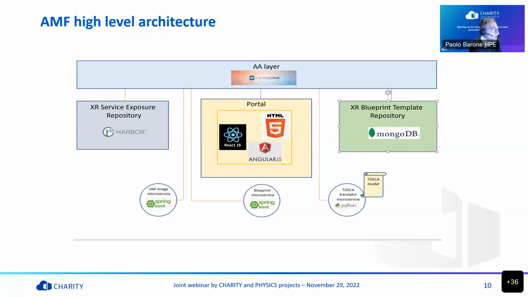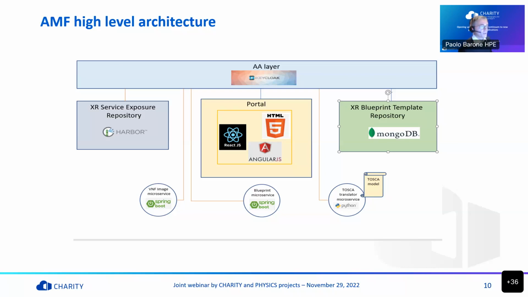Then we have the portal, which is a web application developed mostly in AngularJS, but can be extended with any HTML5-based technology. We have the XR service exposure repository, which contains the images uploaded by the developers, which is implemented by integrating with the Harbor container image registry, which is also a very widely used open source tool for managing container images.